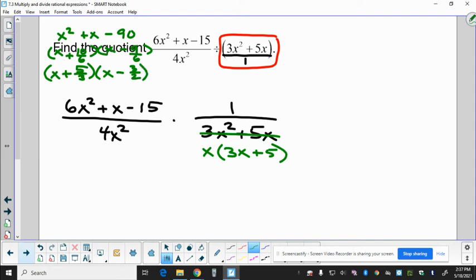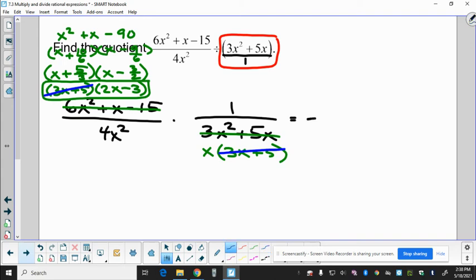And then I'm going to rewrite it, slide my numbers up there. So 3x plus 5, 2x minus 3. All right, there we go. That has replaced this expression. If we can see that well enough now, do we find anything that can cancel? Well, this cancels here. And I think that might be it.